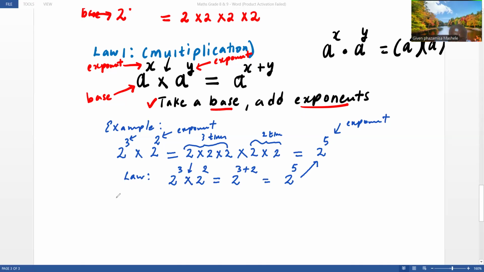Let's use this law. Imagine we have 2 to the exponent of 8 multiplied by 2 to the exponent of 5. Then x to the exponent of 3 dot x to the exponent of 2.